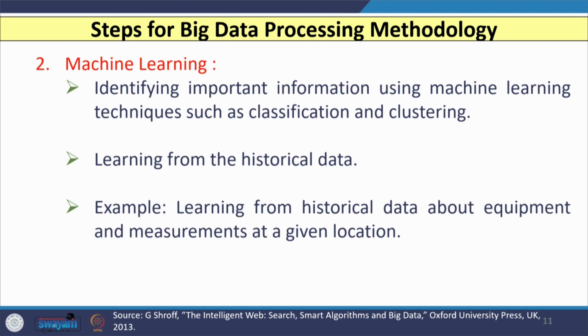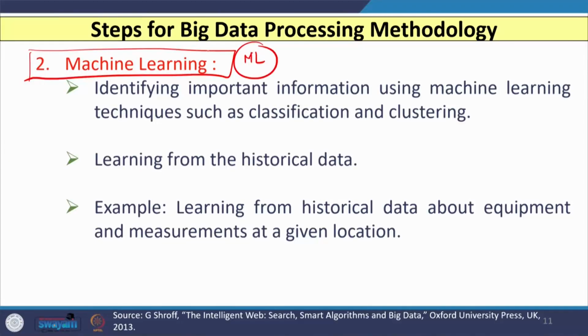The second is the use of machine learning. Using this we can identify important information such as classification or clustering. Suppose we have one data set available from PMU and another from weather. We need to classify or form a cluster for a specific type of data, and that can be done with the help of machine learning algorithms.